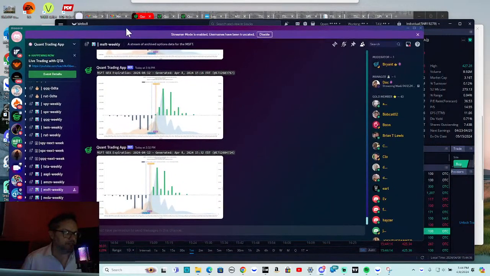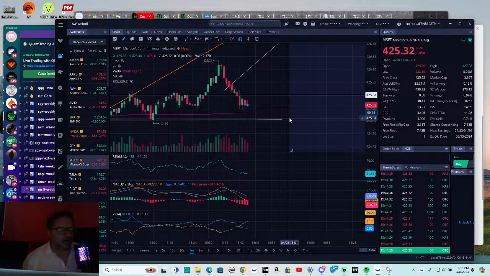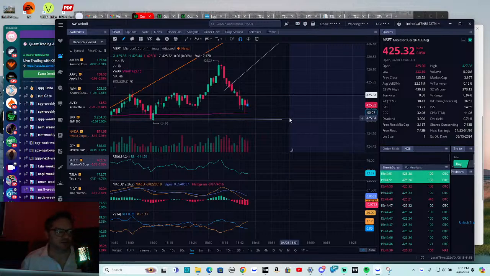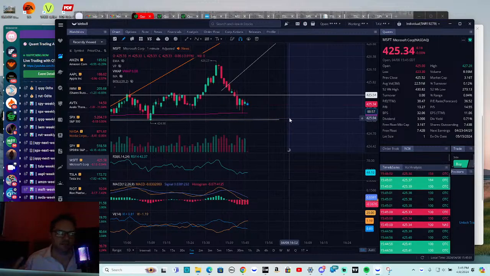What we're seeing here is a test of the VWAP. Those new trade alerts from QTA are awesome. Yeah, what Kevin is talking about is the new SPX trade engine. I'm not really ready to speak on it. It's still in the beta phase, and what that means is it's an evolving, learning new entity.